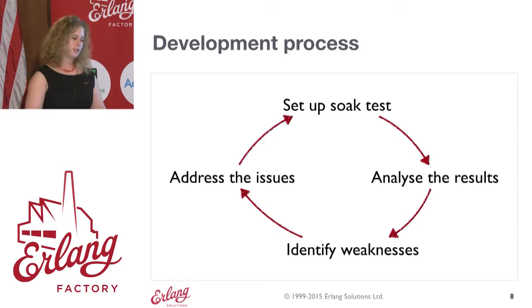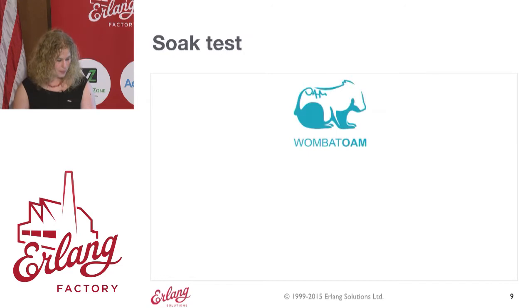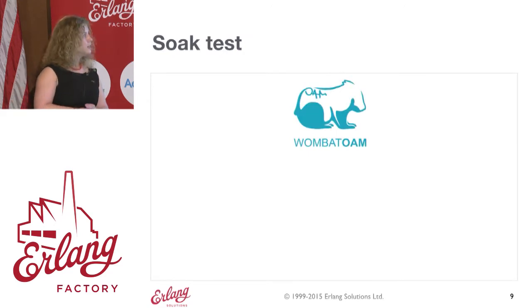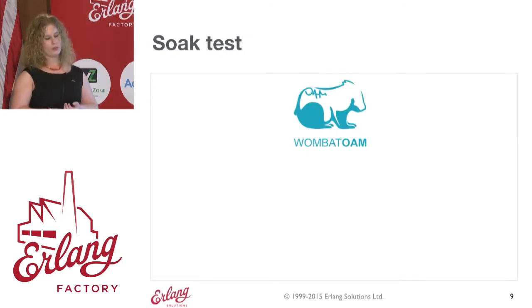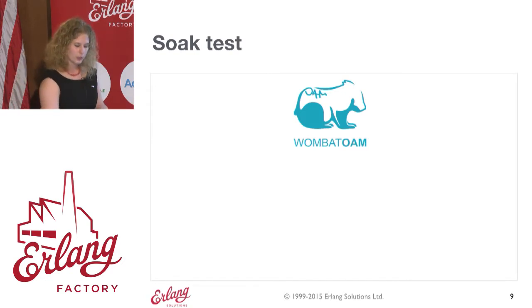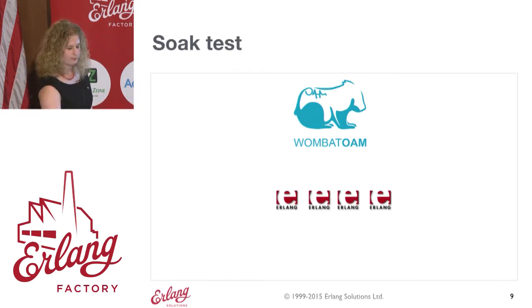Once the system became stable, we increased the load and let it crash again, and again, and again. So, how did we soak test Wombat? Obviously, the subject of the soak test is Wombat. But as Wombat is a monitoring tool, of course, it monitors some Erlang nodes.